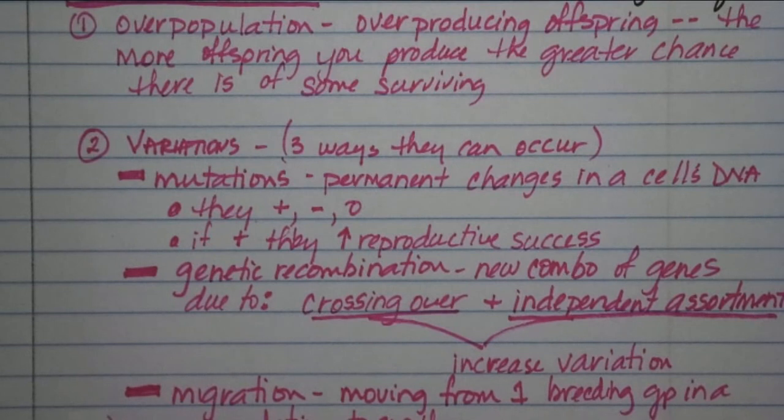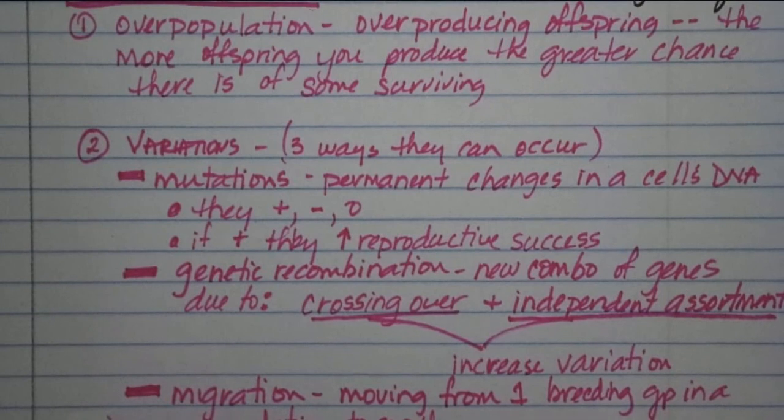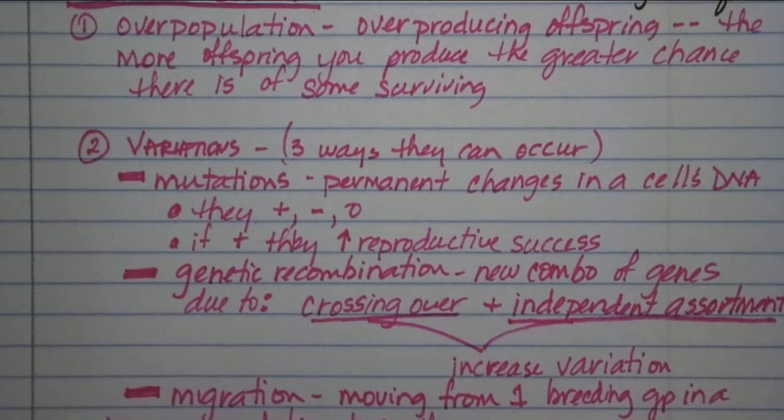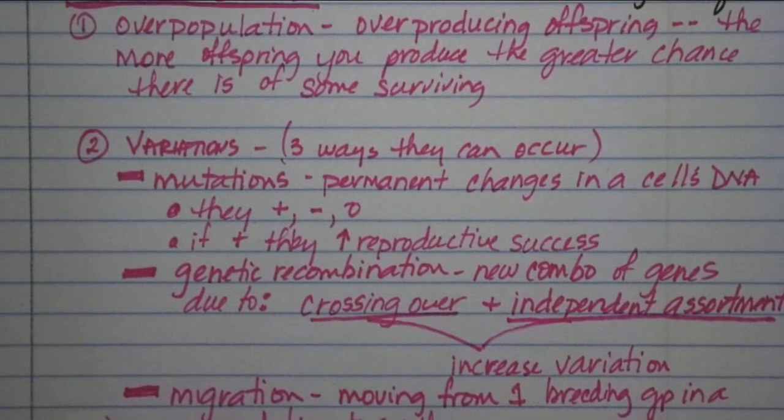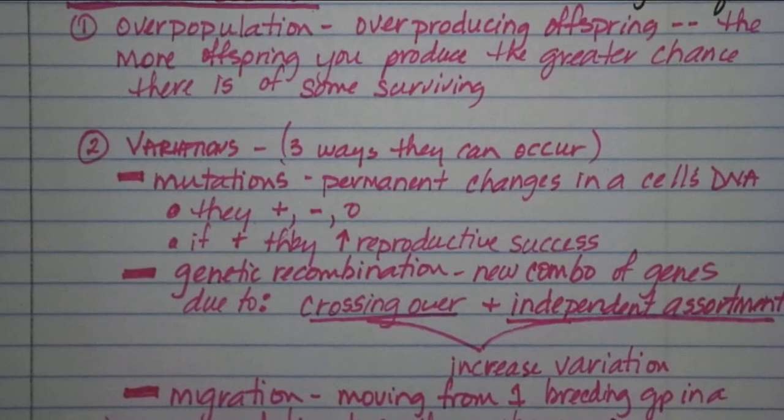So migration, in this case, we're talking about when you have an organism moving from one breeding group in a population to another. And within that community, what it does is it changes the gene pool. There's another phrase there. It changes the gene pool in that group. And overall makes the population much healthier.